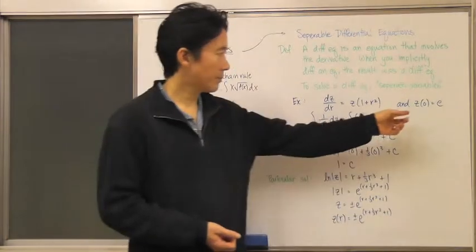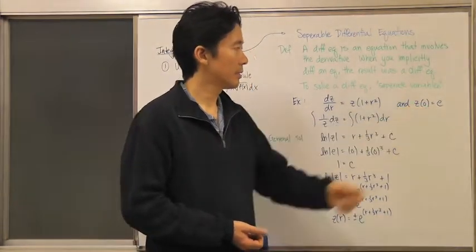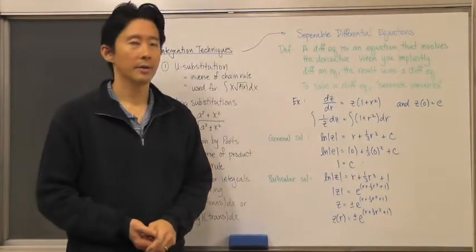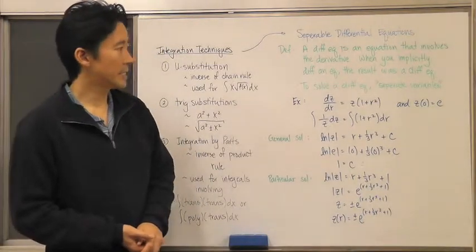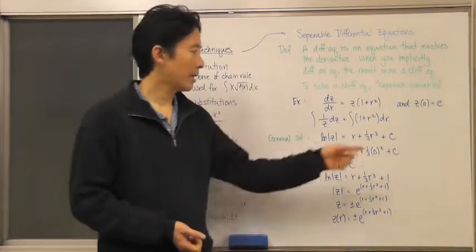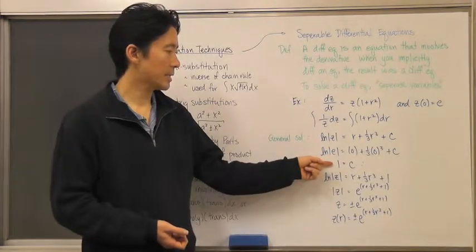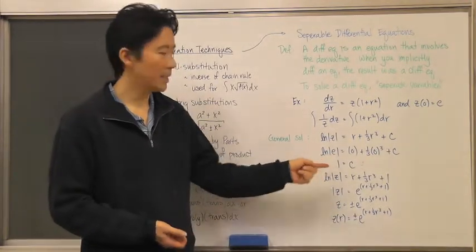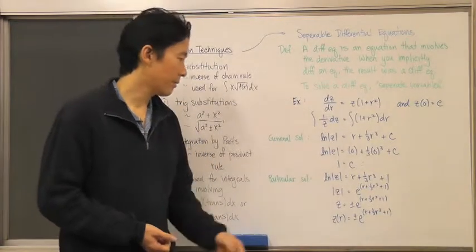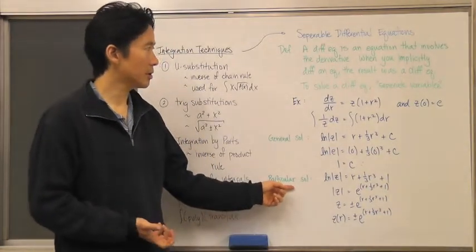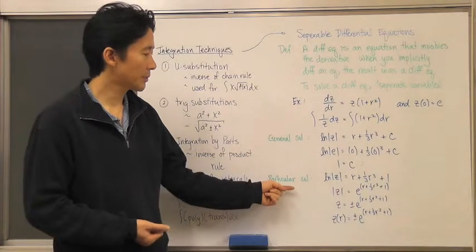Now say we're given a particular value, z of 0 equals e. If we use that information to solve for c, in this case c is simply 1, and then we can come out with the particular solution to this differential equation.